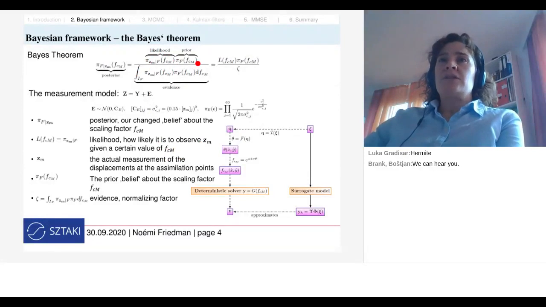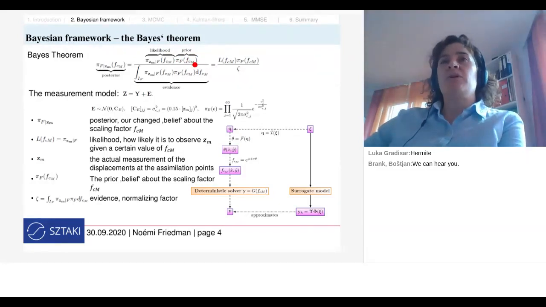Pi f is the prior distribution of the scaling factor. So this reflects our prior knowledge, what we had before learning the measurement. Okay, this is coming from some engineering expertise, or it could also come from other measurements. It depends.